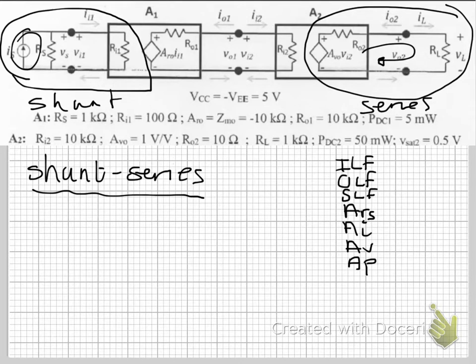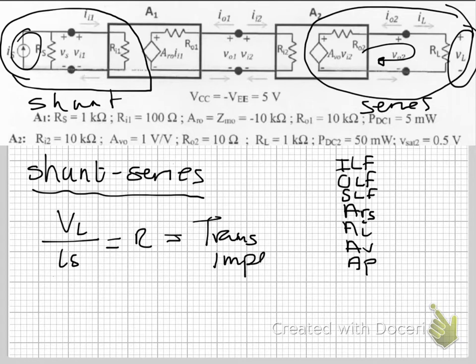So at your output you have a voltage, VL, and our input is a current, IS, and that looks like resistance, which means this is a transimpedance amplifier. Okay, so that would be one of your typical questions.